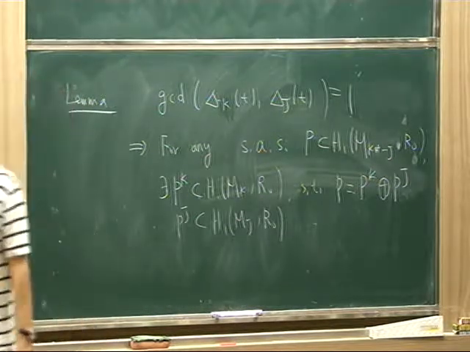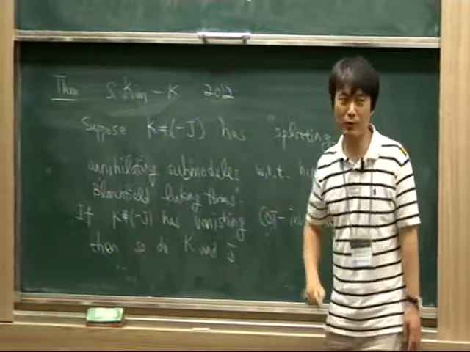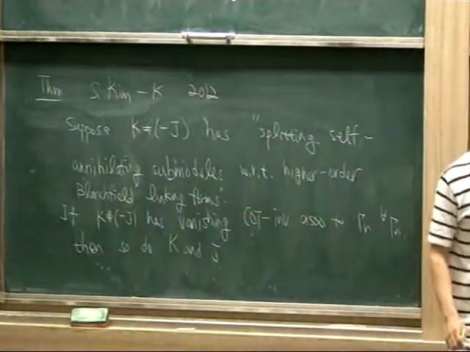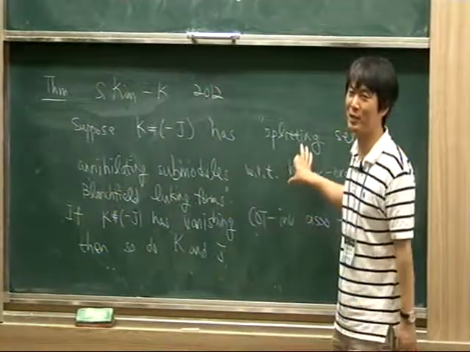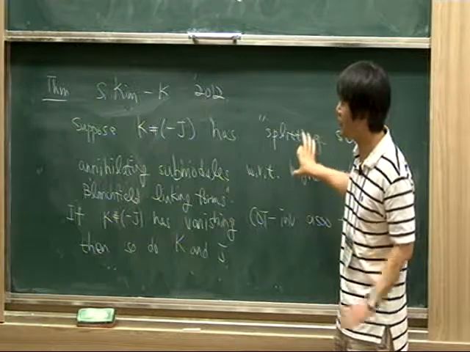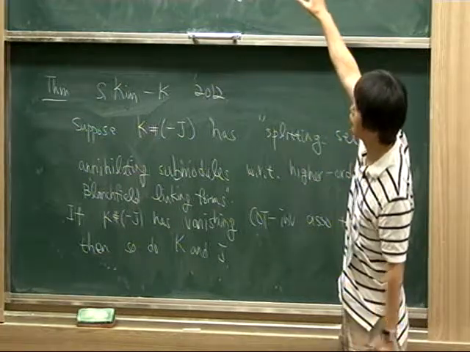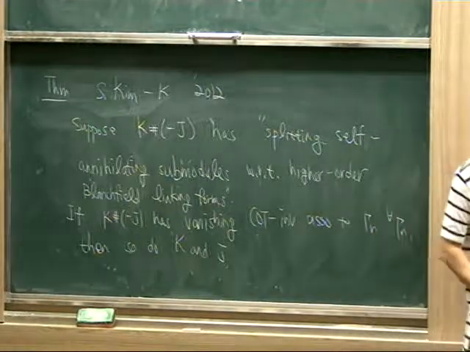One more point is that this is a stronger condition than having coprime Alexander polynomials. Someone might ask whether this condition is equivalent to having coprime Alexander polynomials, and the answer is unknown.